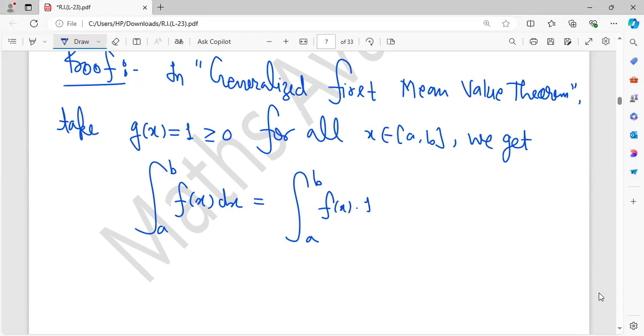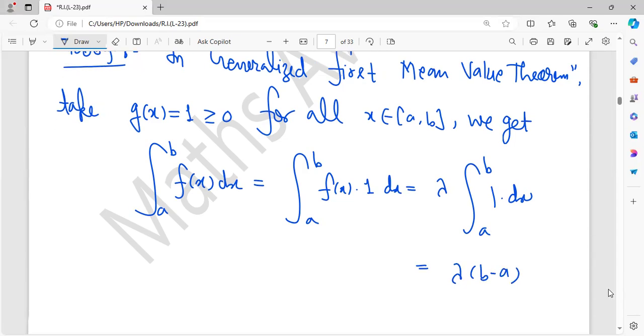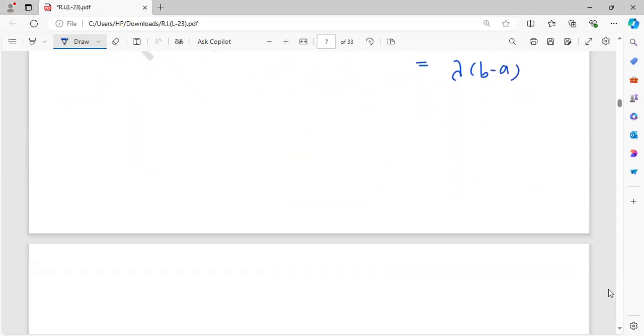Now g(x) is 1 here, so what is this now? Lambda times (b minus a). So the integral from a to b of f(x) dx is equal to lambda times (b minus a).